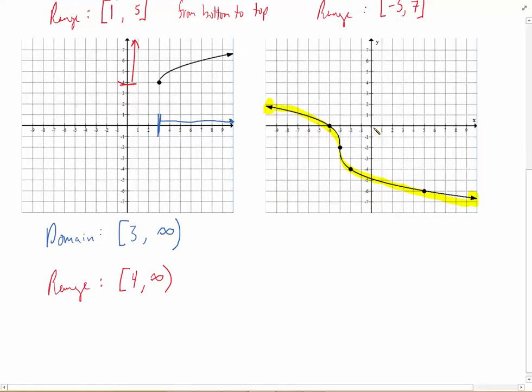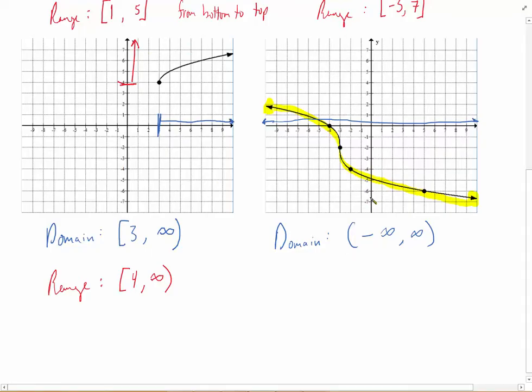So for the domain, there's no minimum and no maximum. I can use the entire x number line. So the domain of this function is from negative infinity to positive infinity. I can use any x value for this function.